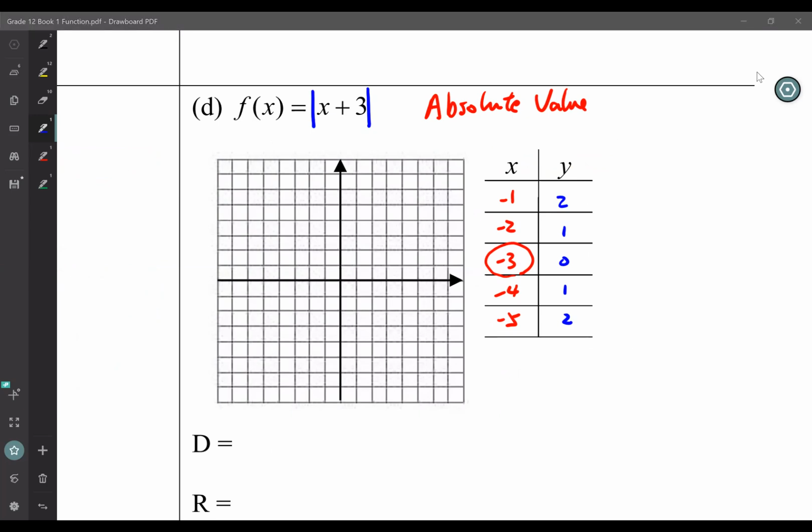Okay, so -1, 2, -2, 1, -3, 0, -4, 1, -5, 2. So this looks like a V shape, right?